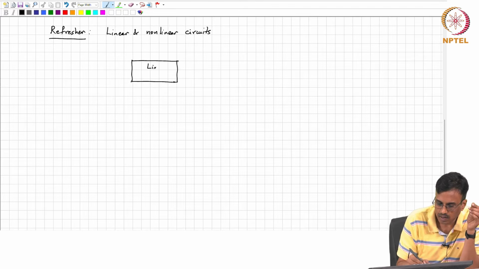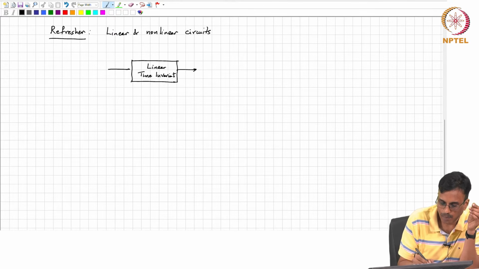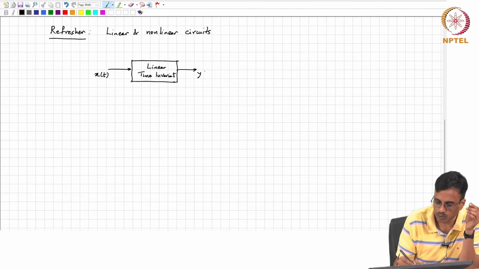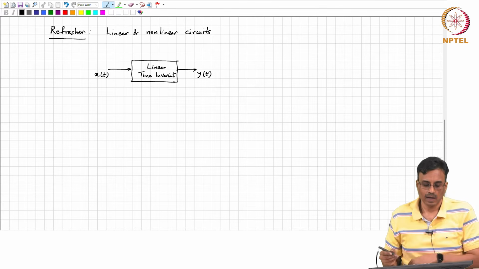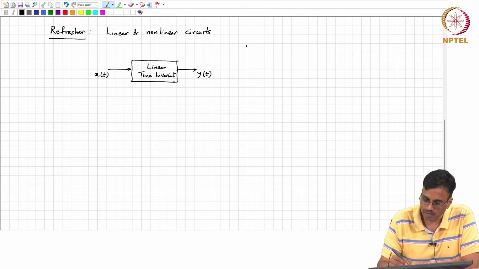So, this is linear and time invariant, then if you apply an arbitrary input x of t to the system, the output is y of t, okay.